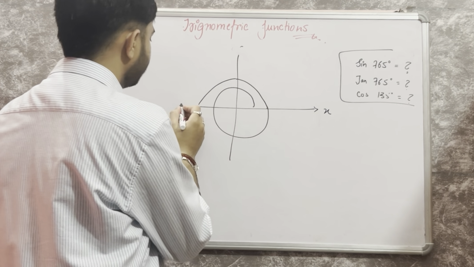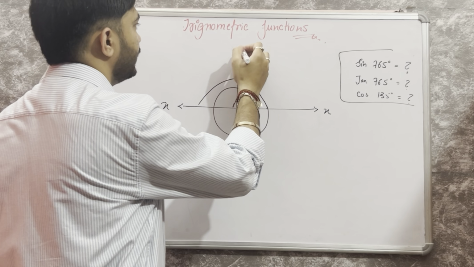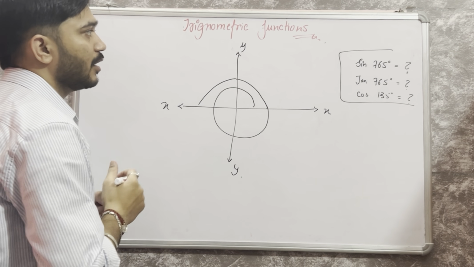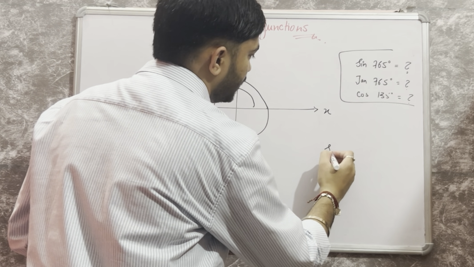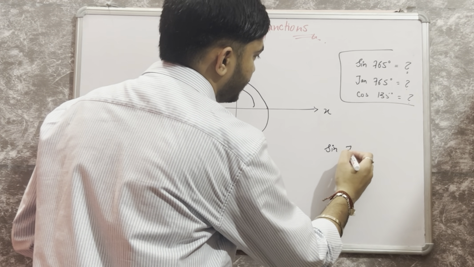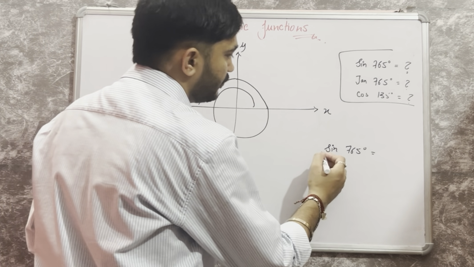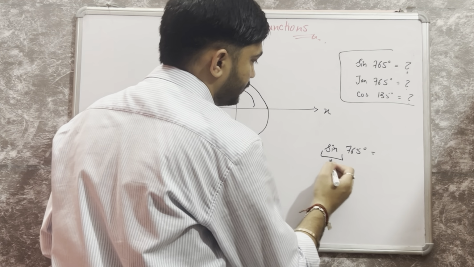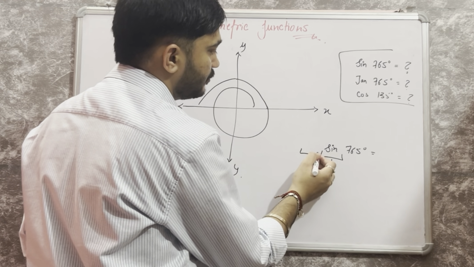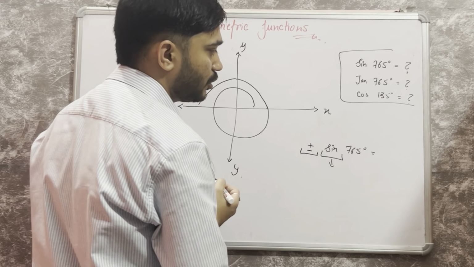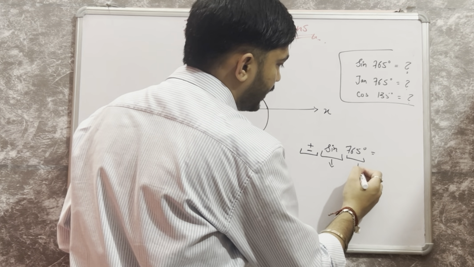it is the x-axis, it is the y-axis. A question generally like sine 765 degree is composed of two things. Firstly, the sign in front of that question, either plus or minus, and the angle.